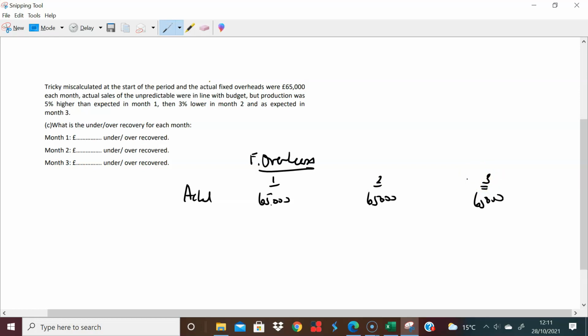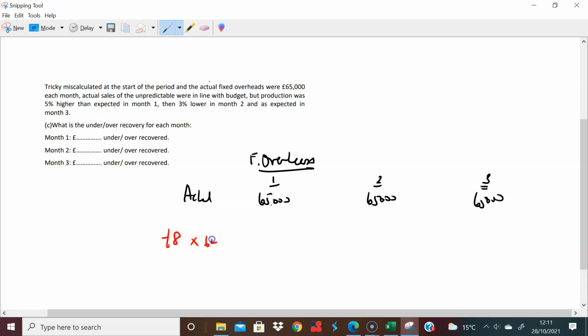Right. So what it says to us is that actual sales were in line with budget, but production was 5% higher. And remember that what's happening here is you're journaling in the overhead of 8 based on every unit of production.